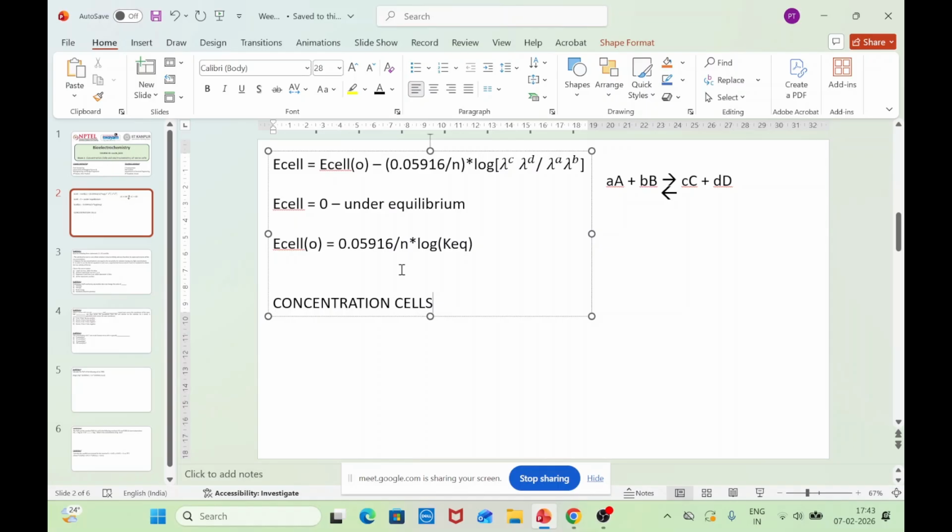Is there any confusion in this? If you are going to connect two half cells with identical electrodes and electrolytes, will there be a current flow, or will there not be any current flow? Anyone who knows what it would be?